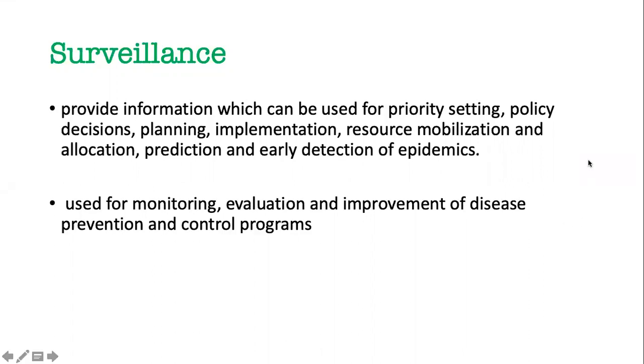So surveillance studies are also used for monitoring, evaluation, and improvement of disease prevention and control programs. So for example, if you're evaluating vaccination programs, we monitor the different diseases that are supposed to be prevented by vaccination.